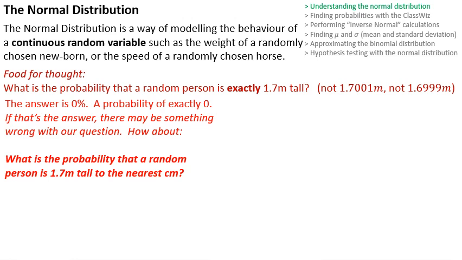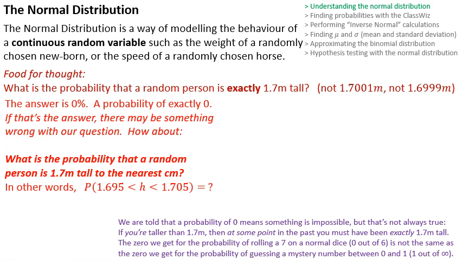Then you would assume there's some kind of range within which you would say, yes, close enough, we'll go with that. And in this case, that's equivalent to saying, what is the probability that your height falls within this continuous range between a lower bound of 1.695 and an upper bound of 1.705? And that's something you could actually put a number onto.